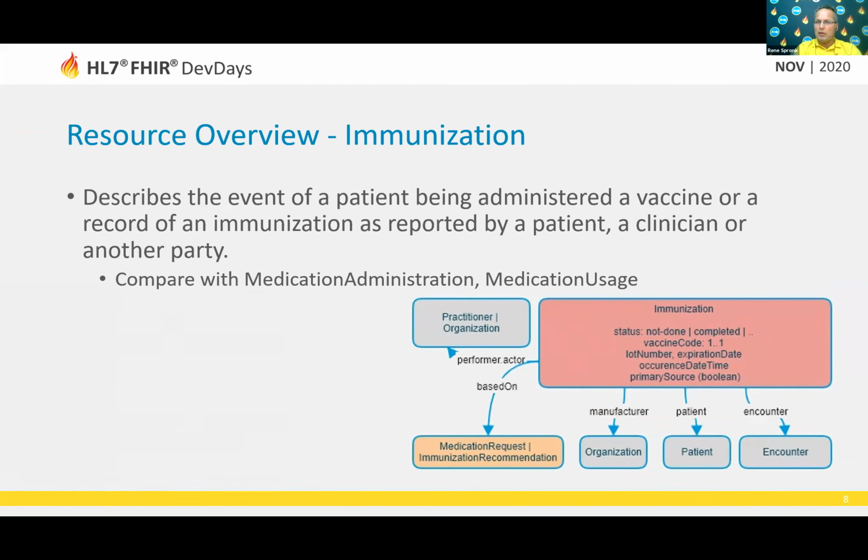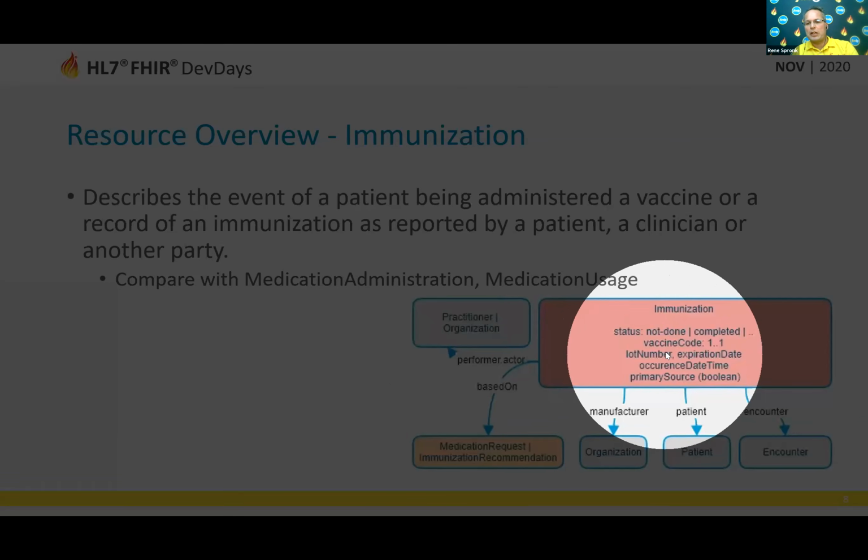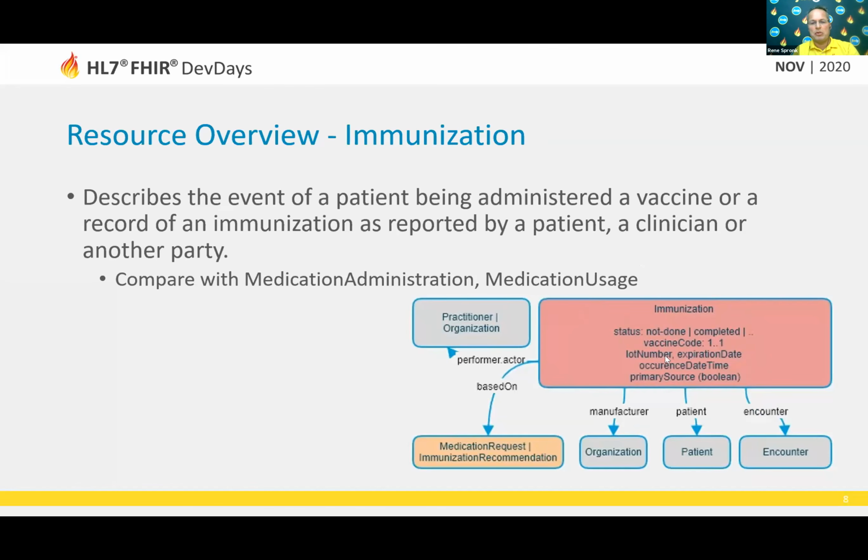So the direct equivalent of that would be medication administration, but we need some additional details beyond that which you capture for a normal medication. For example, things like the lot number, expiration date, and that sort of stuff, right? So these are some of the extra data elements that you need when we talk about immunizations.